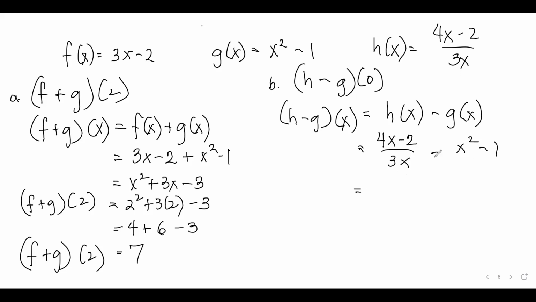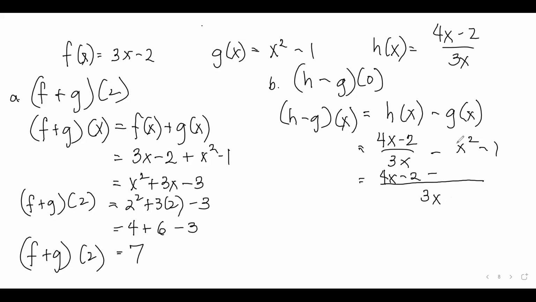O, ang technique dyan, class, is kailangan pagsamahin sila sa iisang denominator para ma-solve. Okay? So, 3x agad yon, yung common denominator nila. Since ito na din yung 3x kanina, copy nyo lang yan kasi yan na yung denominator niya.